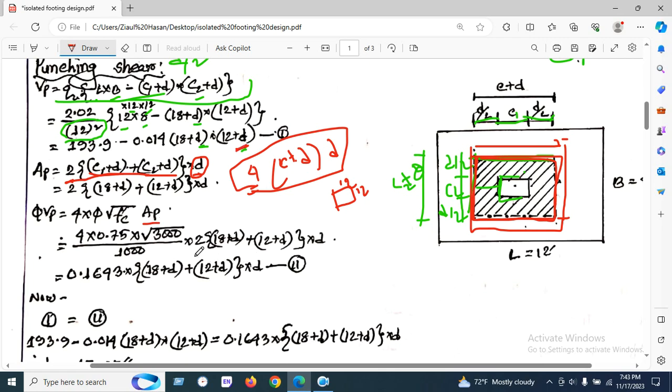Okay, AP is 2 into 18 plus D plus 12 plus D into D. And we found this as equation 2.